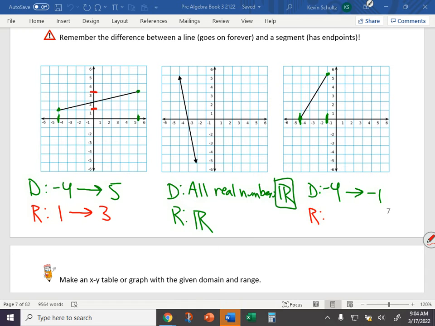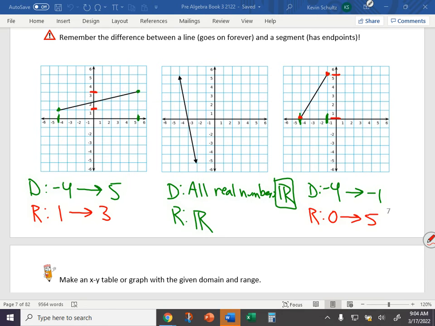I think it's 0. It is. Look at our bottom point. Where on the y-axis is it? 0. Then go up to the top point. Where on the y-axis is it? 5. Here's our top point, y-axis, 5. So the range is 0, arrow, 5. Okay?